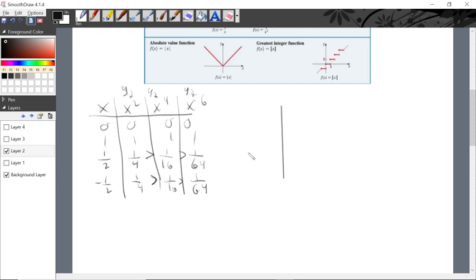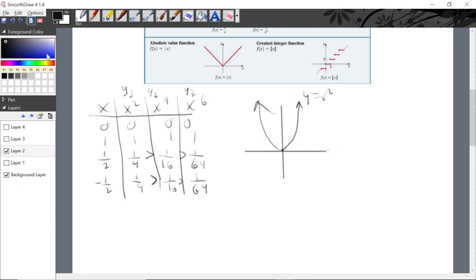So let's say I were to sketch, if I wanted to graph y equals x squared, for example, and also graph y equals x to the fourth, maybe I should use a different color for that one.